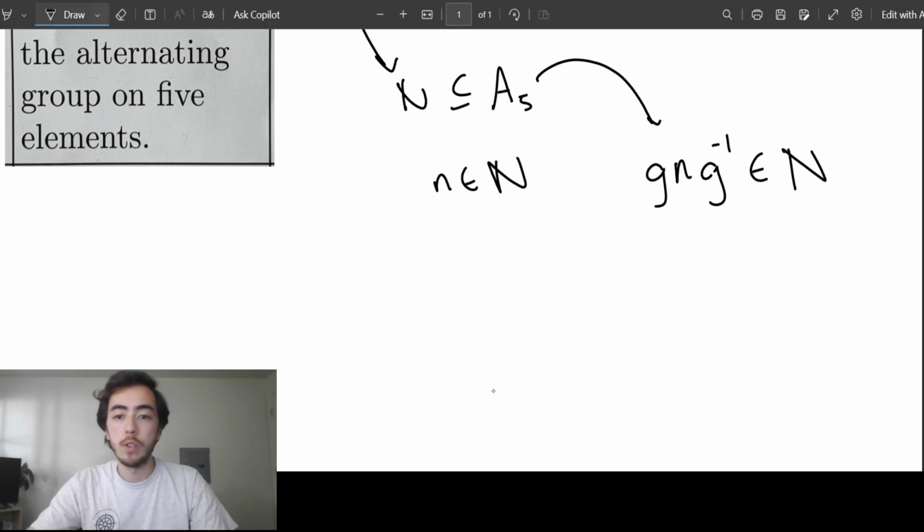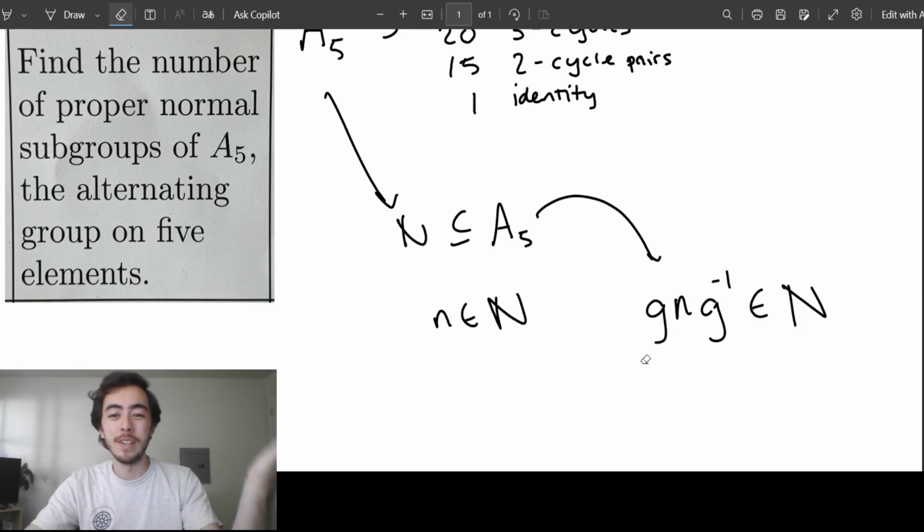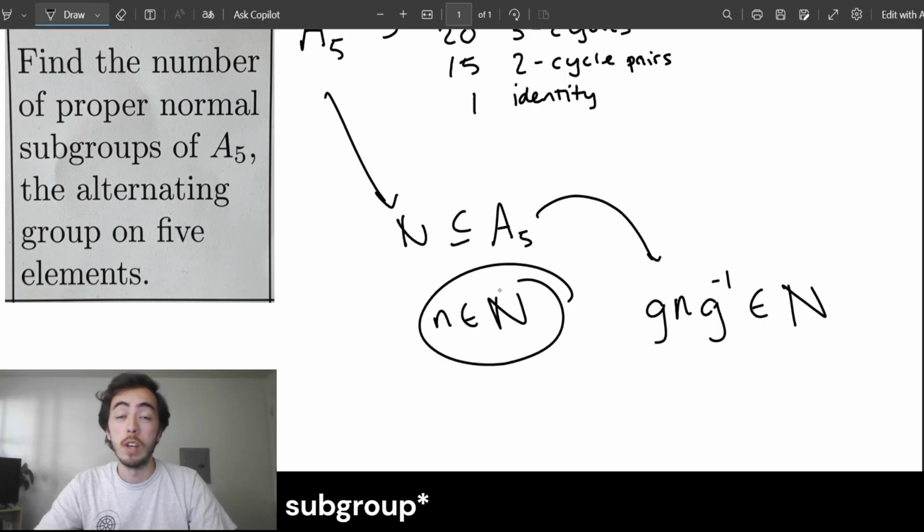Where if we try to place some kind of element in our N and essentially throw it through the ringer of doing another element and its inverse, we could figure out whether or not our normal subset is a proper subset, or rather, we might just find out that we're going to generate our whole A5 again.